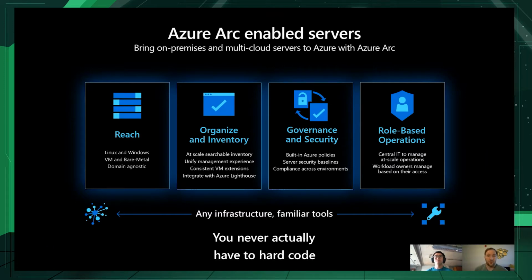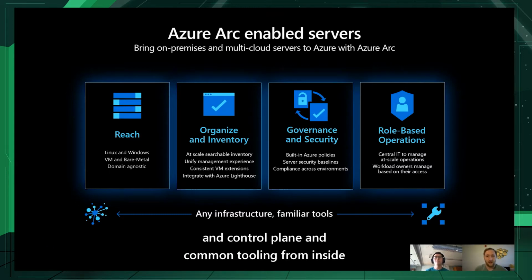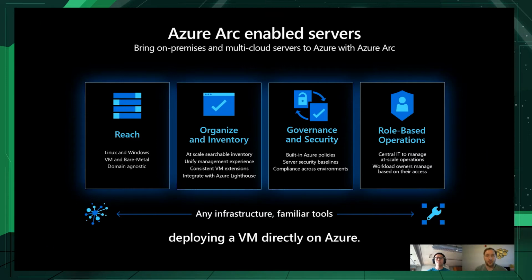You never actually have to hard code a password into your application, but you can leverage it from Azure Arc and go talk to other Azure services, greatly reducing the amount of risk you have by hard coding any credentials into your application. So, it's really about making these hybrid servers get a much more cloud native experience by giving them that visibility in the control plane and common tooling from inside the VM that you'd expect were you deploying a VM directly on Azure.